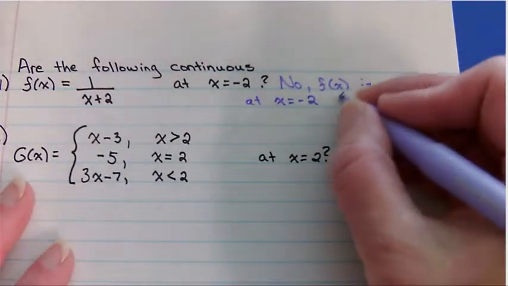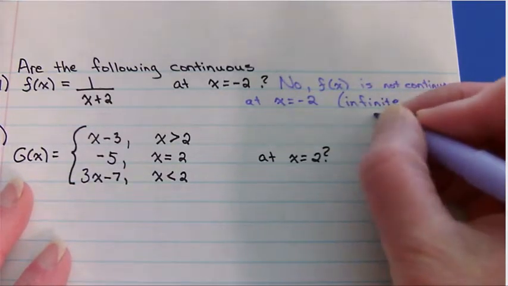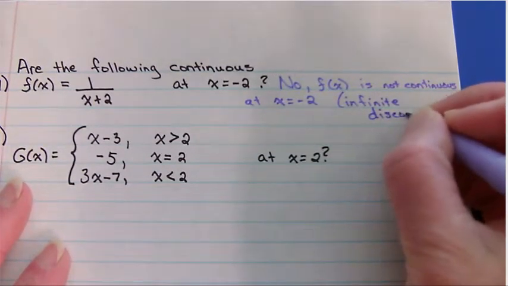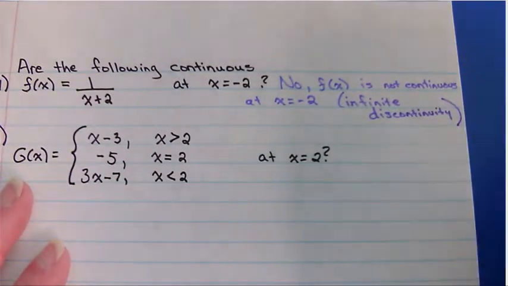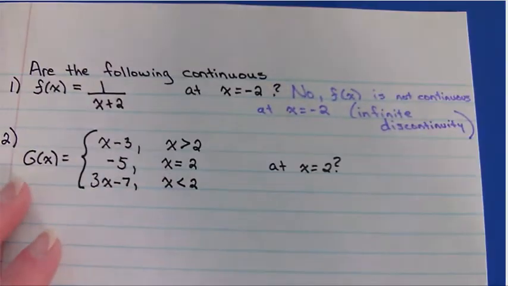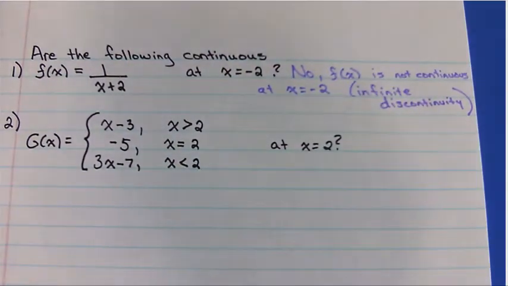This is considered an infinite discontinuity. The other main reason is if I try to plug in negative 2, my answer is undefined, so there is not a point at that location. So it breaks rule number 1 for continuity.